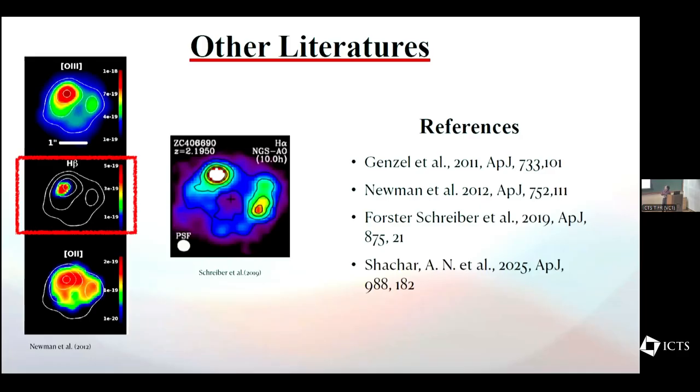Because the ratio of the H alpha line and H beta line tells us about the dust distribution, the dust extinction. To get the actual flux, we need the H beta. It's very important, and so far none of the works could have that H beta information.